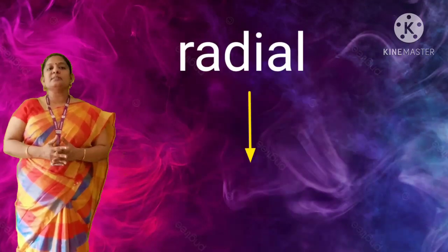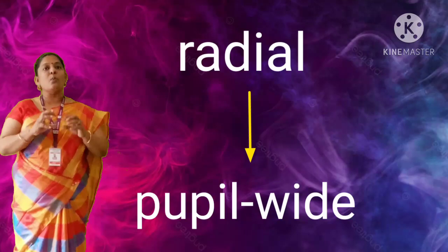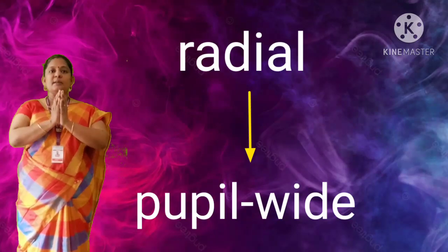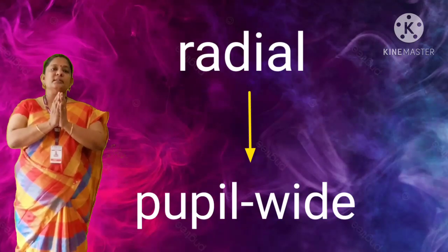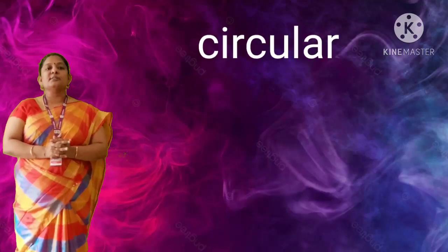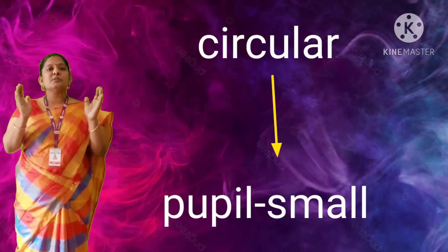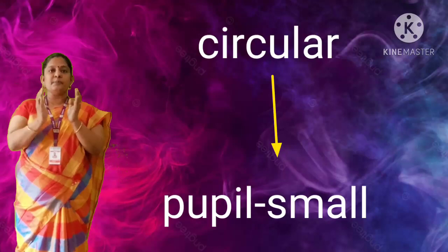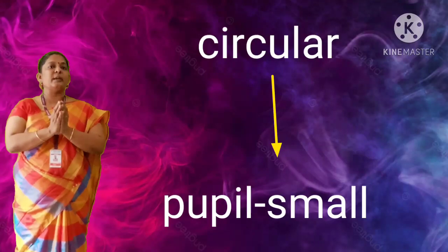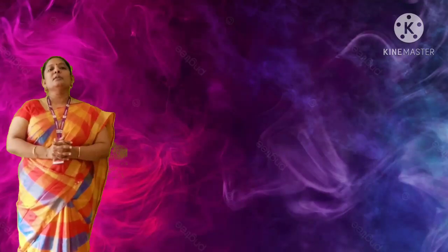The radial muscles make the pupil of the eye wider, while the circular muscles make the pupil smaller. To keep it wider, the radial muscles help. To keep it smaller, the circular muscles help.